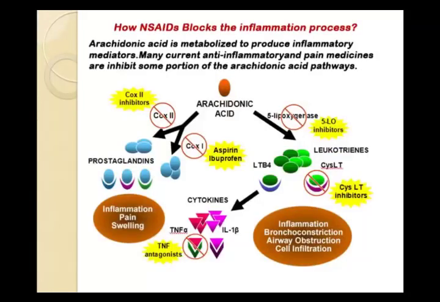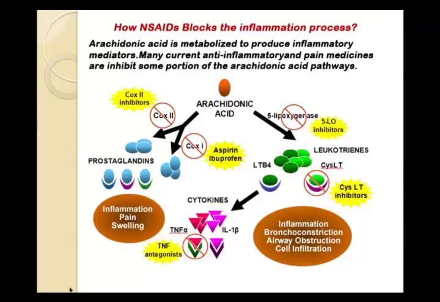All right? So understand that the way this whole inflammation process works centrally starts with arachidonic acid. All right, and so arachidonic acid gets converted into prostaglandins, and that's through 2 related enzymes called COX-1 and COX-2. And the outcome of these prostaglandins drives essentially inflammation, pain, and swelling. Okay?